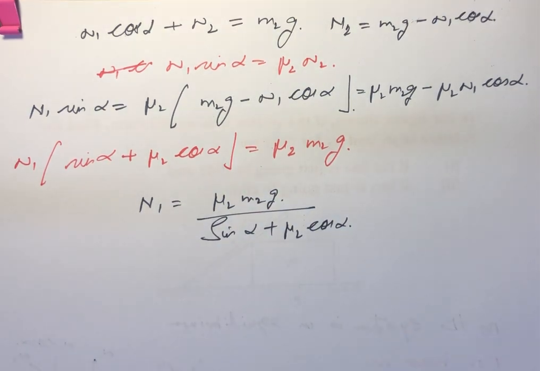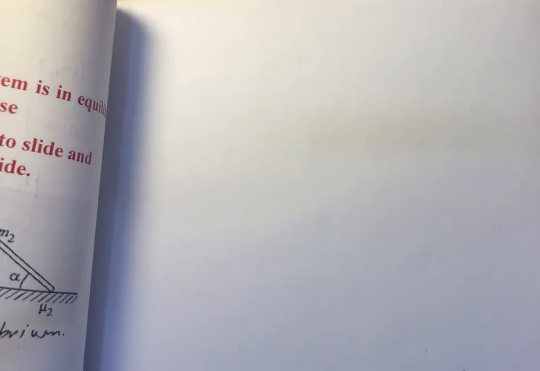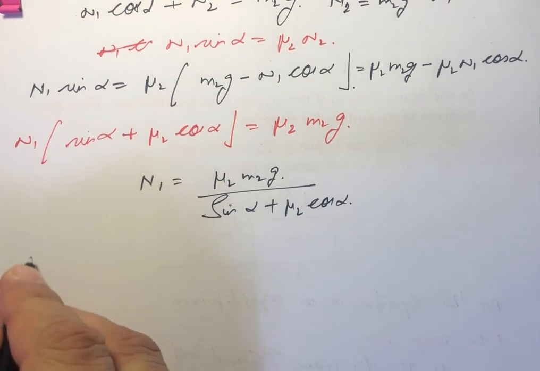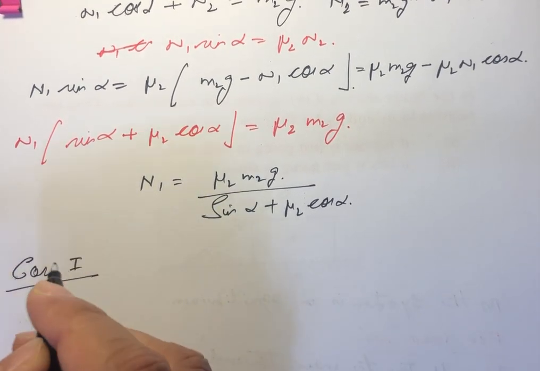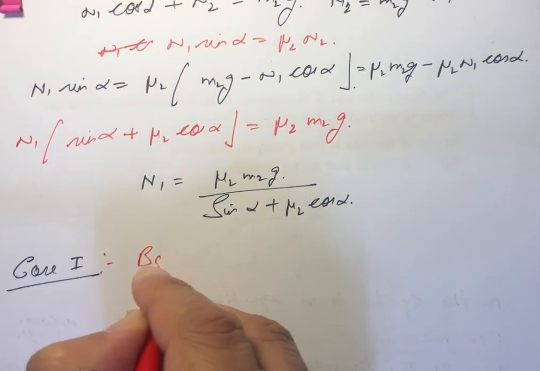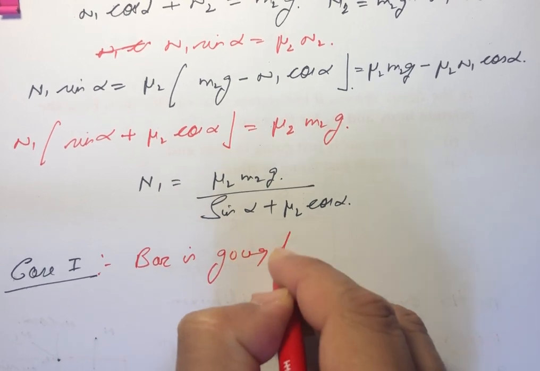In the second part, it asks for when the bar is going to slide. So now we come to case 1. It states that the bar is going to slide.